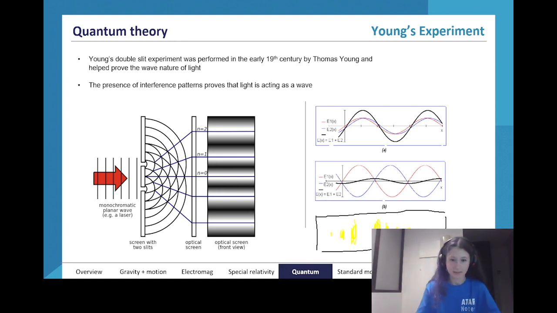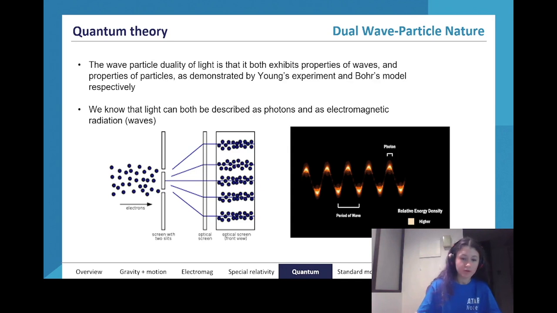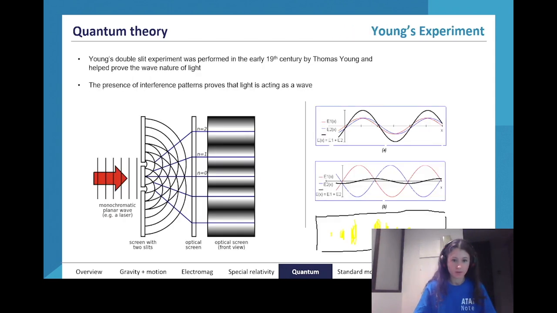As we can see in the next slide, what he would have seen if light acted solely as a particle was evenly distributed patches of particles. In this experiment, we're just seeing electrons, which are obviously particles.